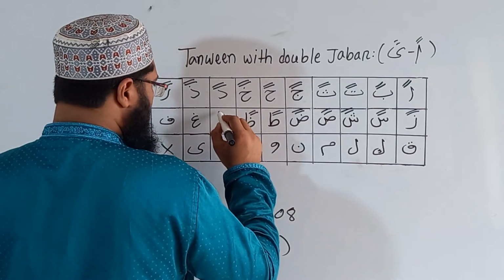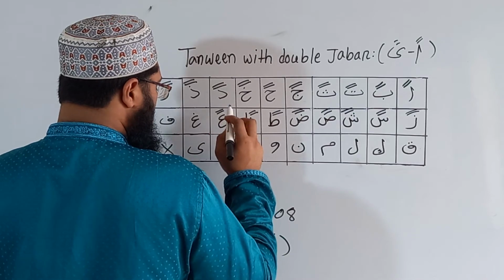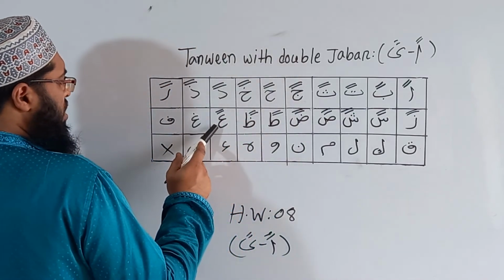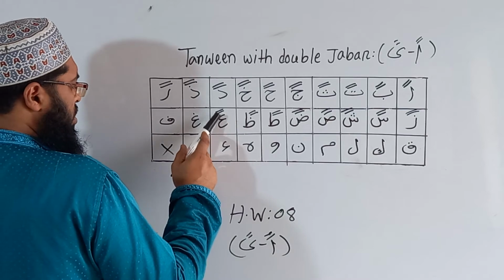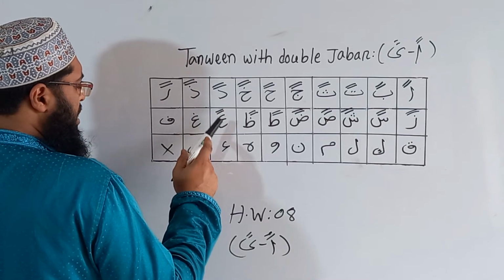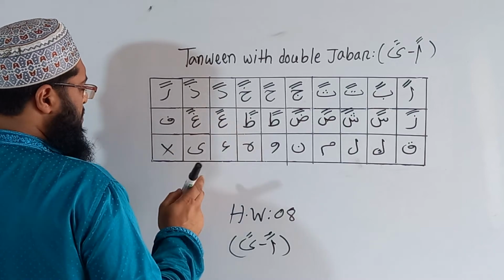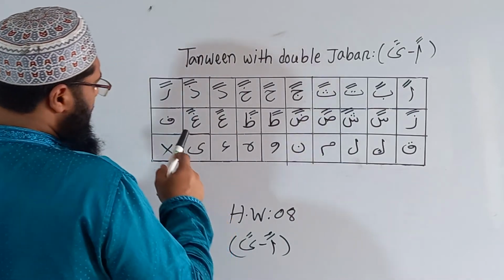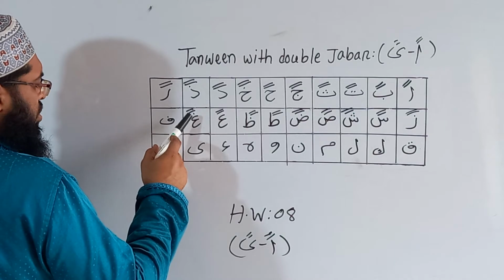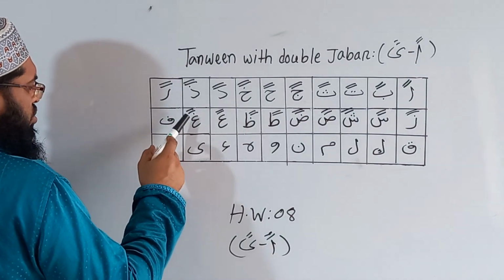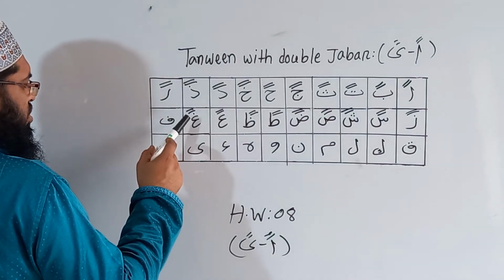And now this one is Ain, Ain dui Jabar an. This one is Gain. After giving double Jabar, Gain dui Jabar gon. Not Ain, this one is Gain.